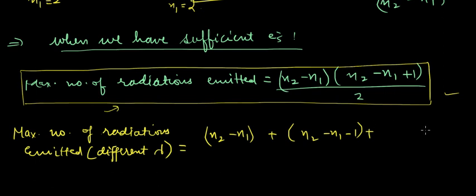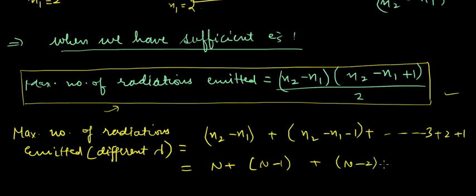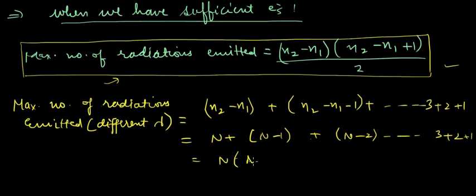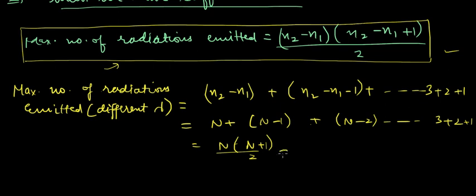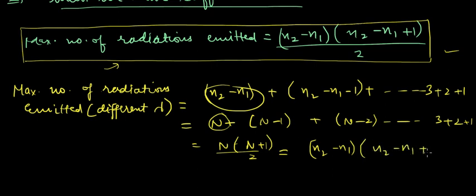So till we have 3 plus 2 plus 1. This is nothing but n plus n minus 1 plus n minus 2 up to 3 plus 2 plus 1, which is n times n plus 1 by 2, where n is n2 minus n1, so n2 minus n1 into n2 minus n1 plus 1 upon 2.